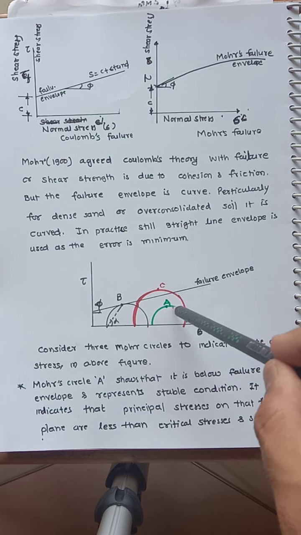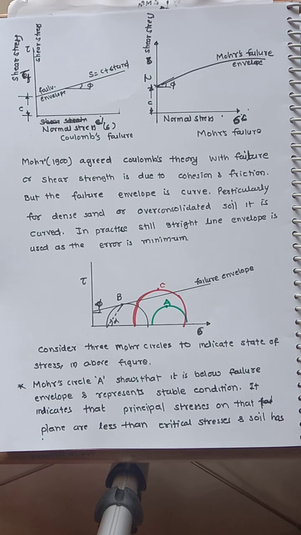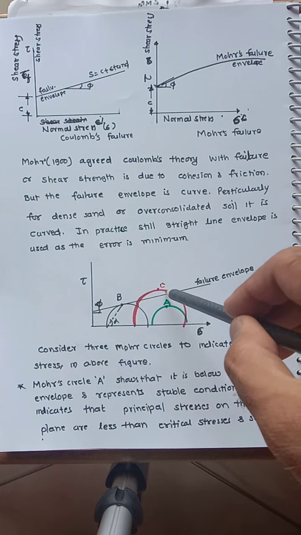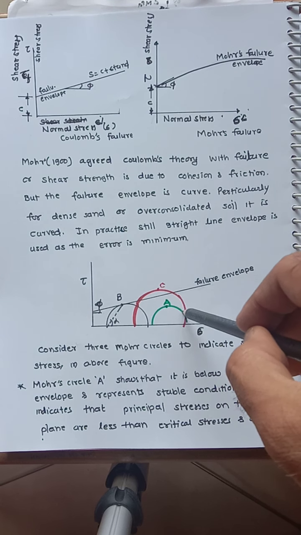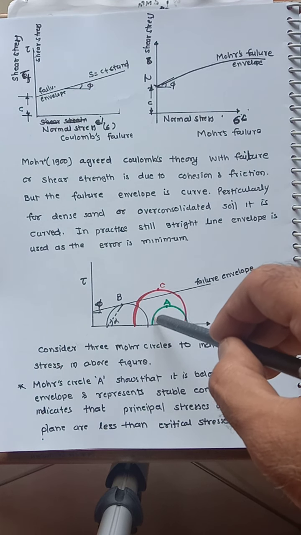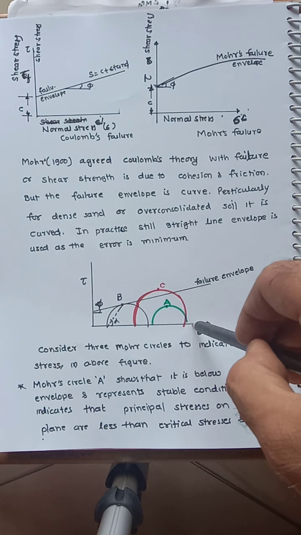Circle A is below, so the soil sample representing A is not in a failure condition. Critical stresses are not developed; these are the critical stresses, and the actual stresses are this. So this is called a stable condition, A. The soil is in a stable condition.